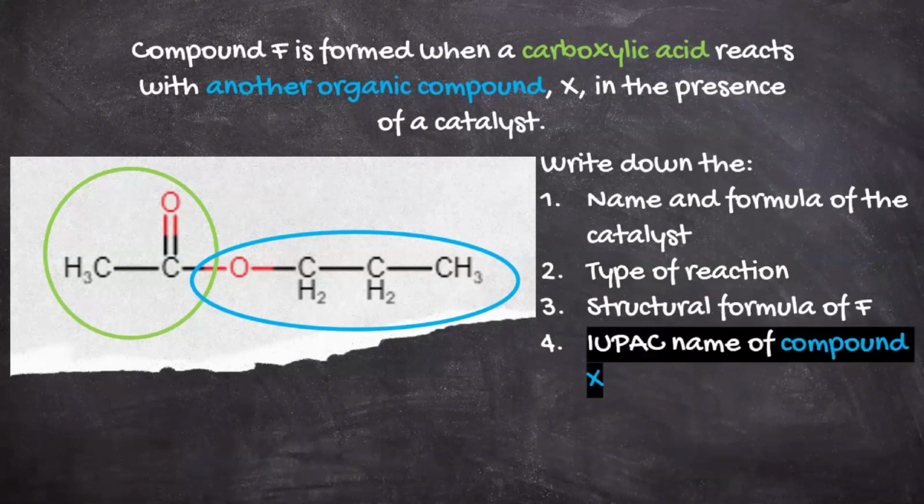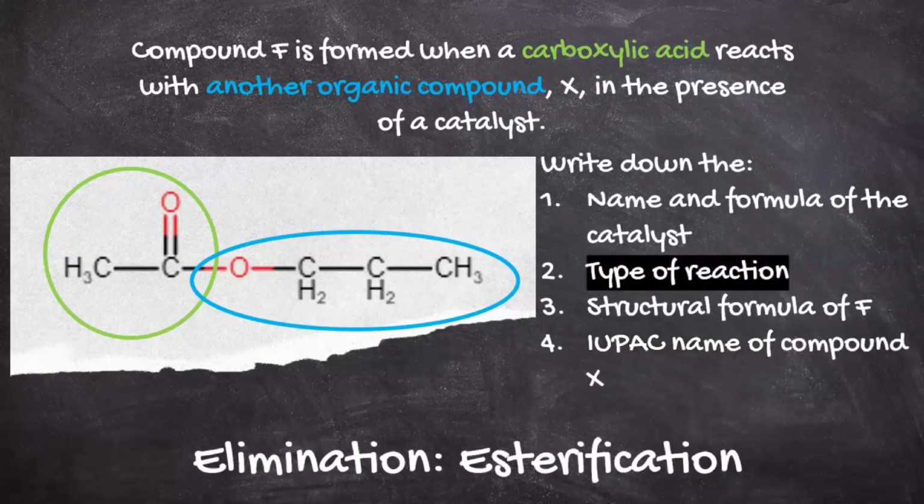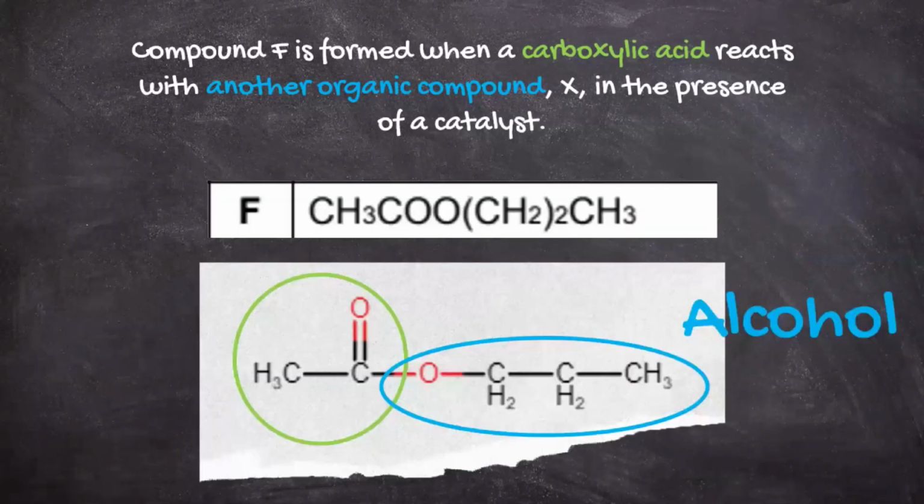The structural formula of F I've already drawn out. And when you get a question like this, I would actually recommend, before you even worry about what the reaction is, always draw out your molecules. When you get given something that looks like this, guys, I didn't know what this was until I drew it out. Draw out the molecules that they give you.